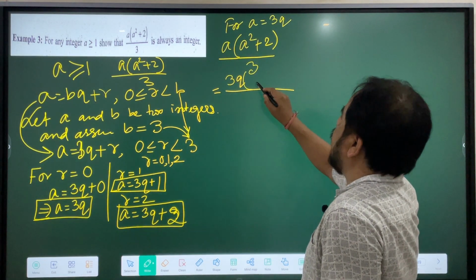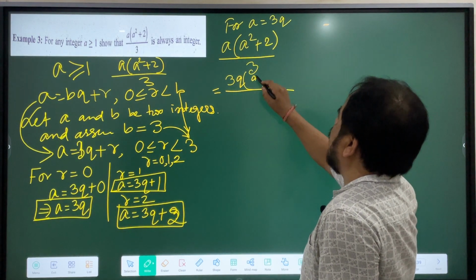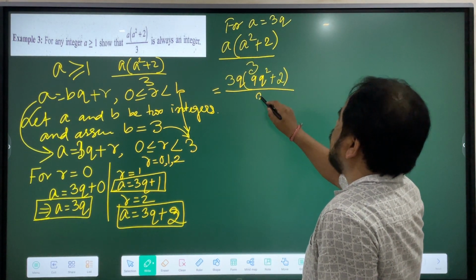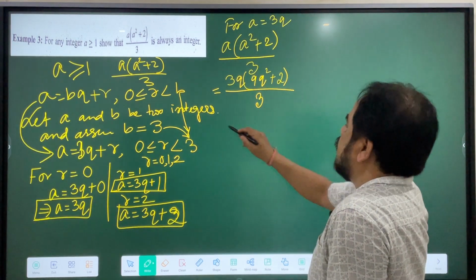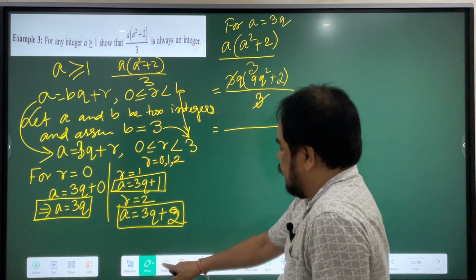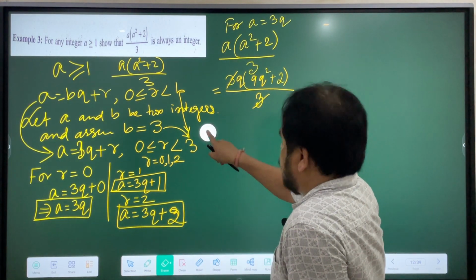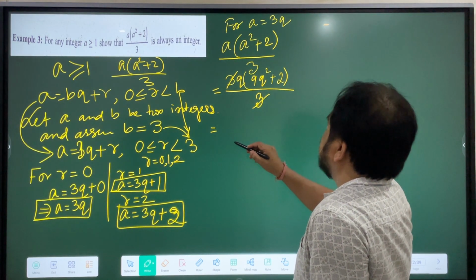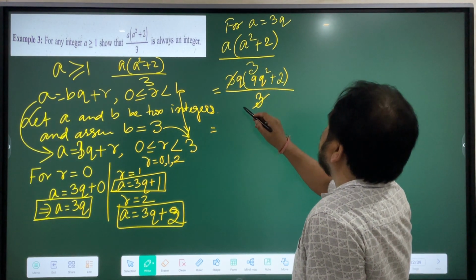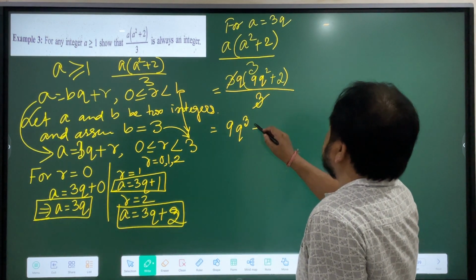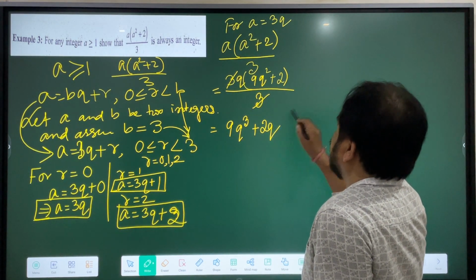So we will write 3q times (3q)² means 9q², and I have written directly the 2 by 3. The 3 cancels. We can write 9q³ + 2q.